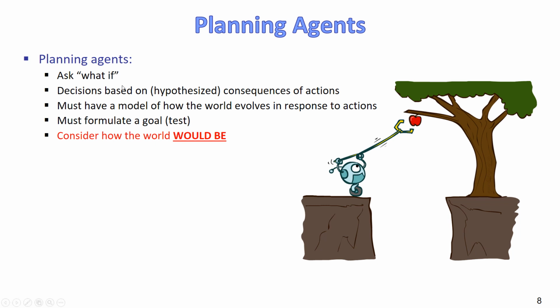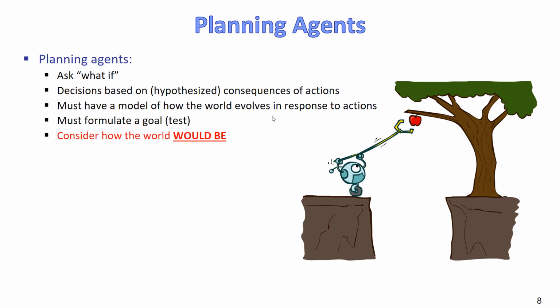The decisions would be based on consequences of actions and must have a model, of course, of how the world evolves. Because I need to plan ahead, I have to model the world in a way that I know how the world will work if I make this decision. So I have to have a model of how the world actually works.